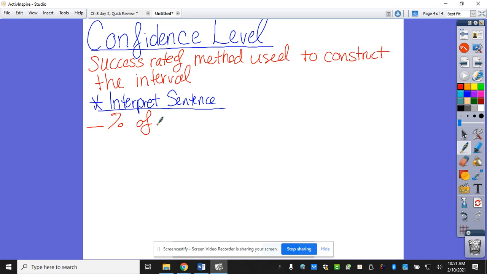of which samples? This is just like chapter 7. Which samples? All possible ones.